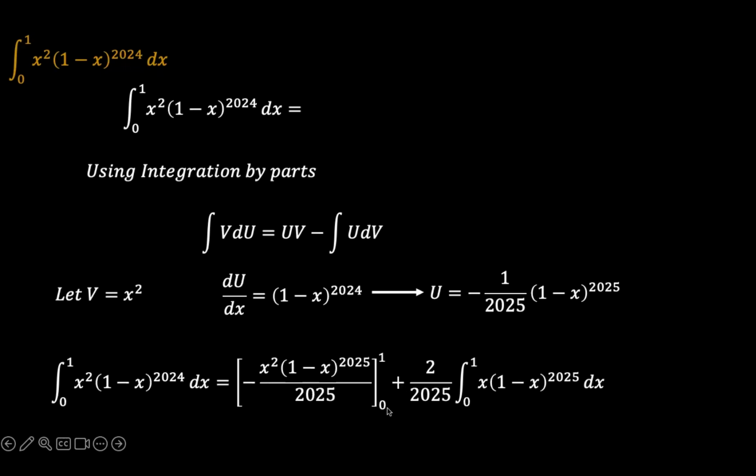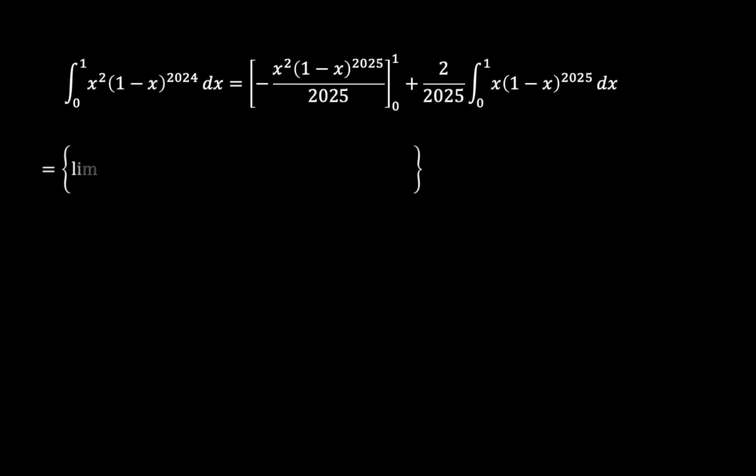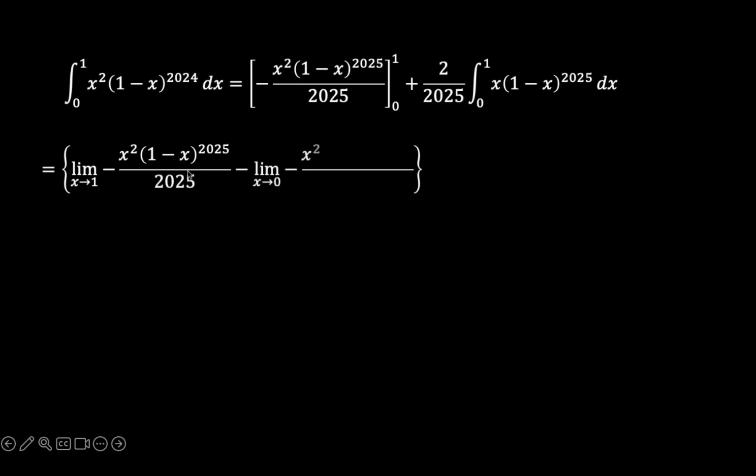bounded between 0 and 1 plus, because this negative sign here interacts with this, we have a plus, the derivative of v, which is 2x, so 2 comes out, 2 over 2025, the integral from 0 to 1 of x times 1 minus x to the power 2025. Now, focusing on this uv part, this is the same as the limit of x tending to 1 of this minus the limit of x tending to 0 of this.